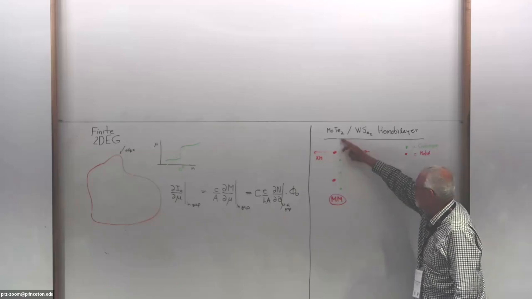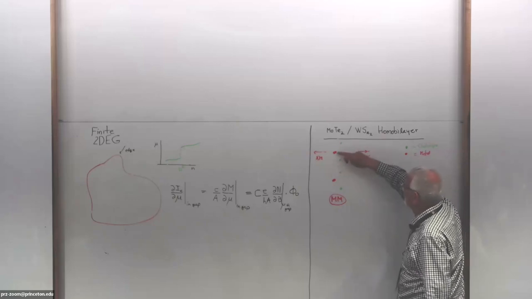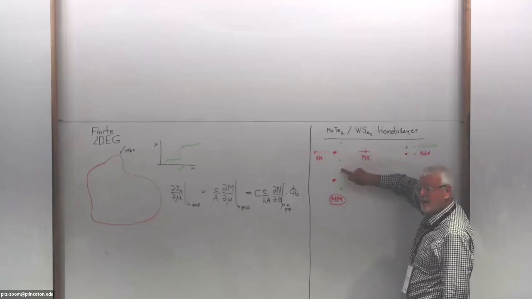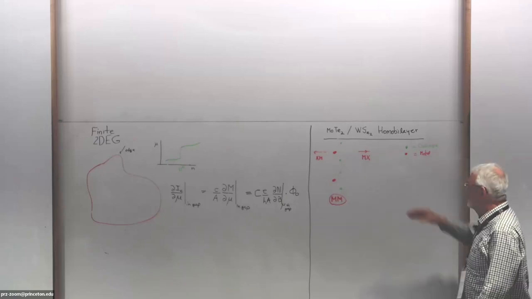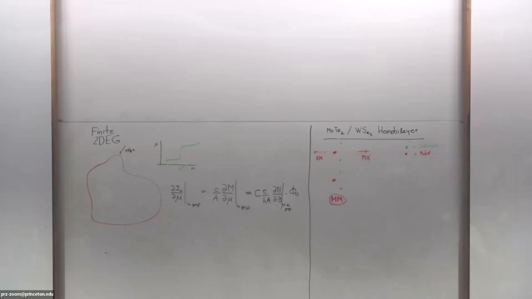And similarly, if I take the top layer and move it to the right, eventually this metal atom will be sitting on top of that chalcogen. That's what we call the metal on chalcogen stacking configuration. And so these are the three important stacking configurations to keep in mind, okay?